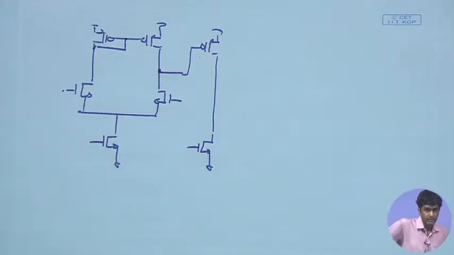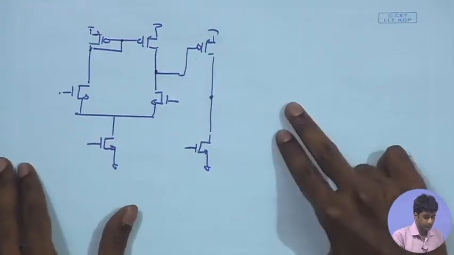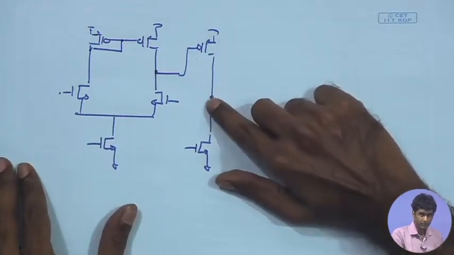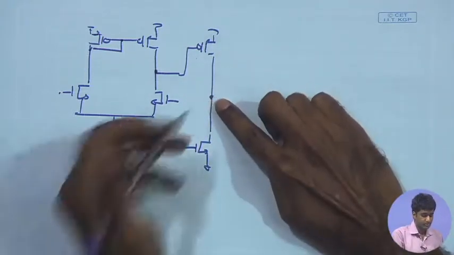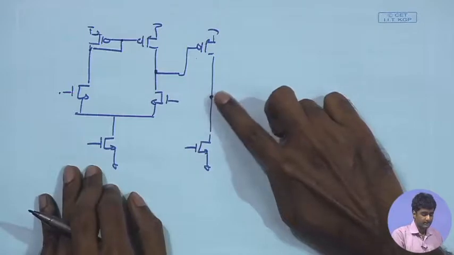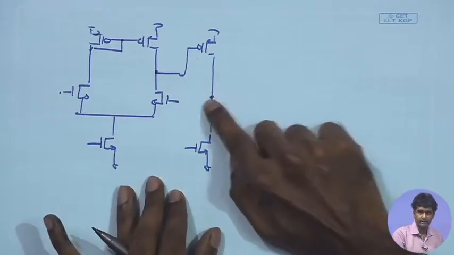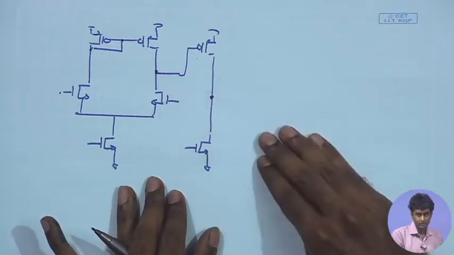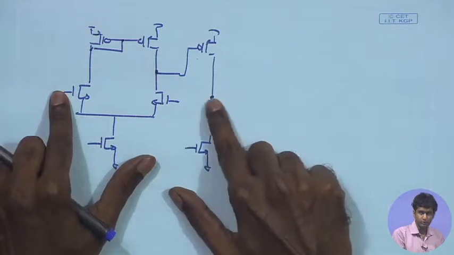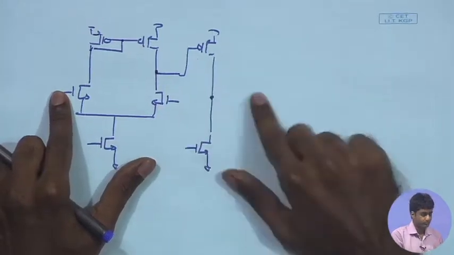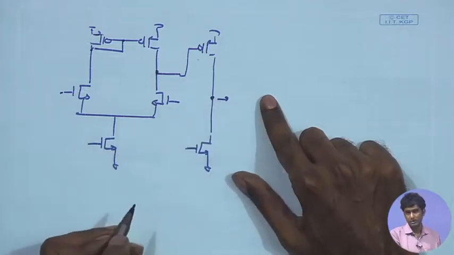Of course, considering the process variation, we do not have a very well defined control on the output DC potential, but suppose we have sized it such that the DC potential over here is VDD by 2. Suppose we have some mechanism through which we fix this potential to be VDD by 2, or assume that when the input signals are close together, the output expected is VDD by 2. So, when both the signals are exactly the same, the output expected is VDD by 2.